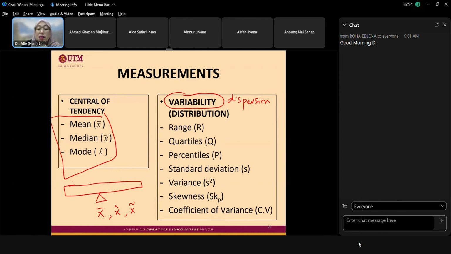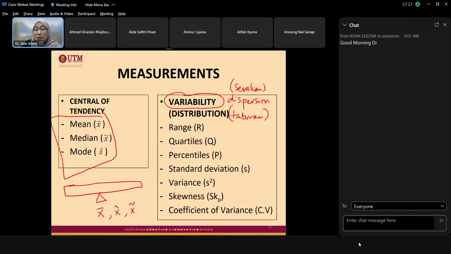Distribution is how the shape of the data can form later, and dispersion is in terms of location, whether the data are far apart from each other or very close to each other. In Bahasa Malaysia we call distribution taburan, and dispersion serakan, just in case.